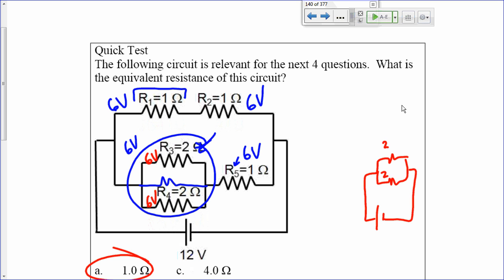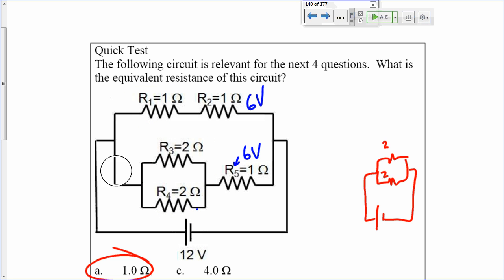So what you have to understand is that each of these are independent branches. Across this branch, I have 12 volts. And across this branch, I have 12 volts. They're independent of one another, but neither one of them knows that the other one exists. You can think of it that way. If I take one of them out completely, it's not going to affect the other.